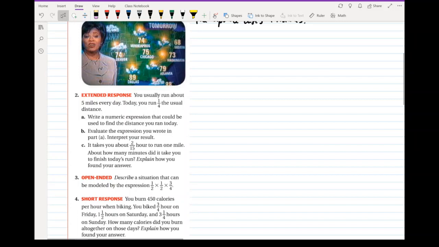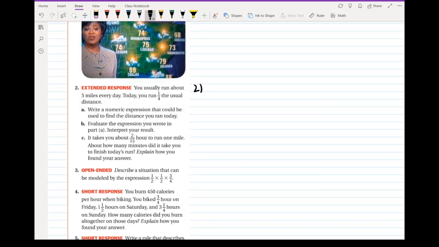Now, question 2. You usually run about 5 miles every day. Today you run 1/4 of the usual distance. Write a numeric expression that could be used to find the distance you ran today. So all we have to do in part A is to write down what it actually means. So it's 5 miles every day, but today you only ran 1/4.